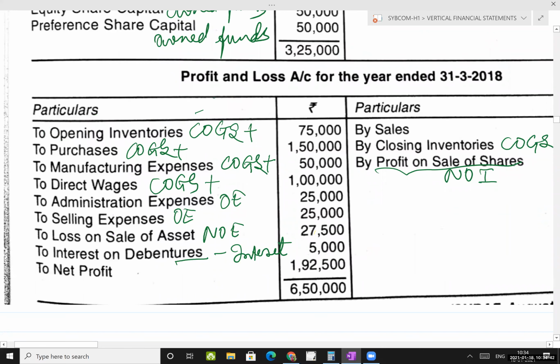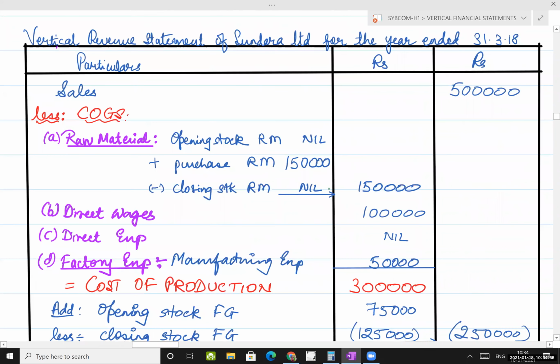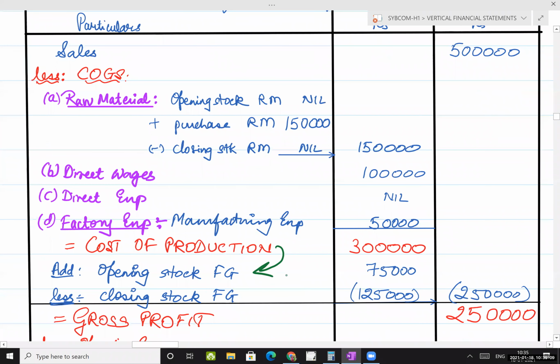If opening stock of raw material had been given, then I would have taken it in the raw material formula, along with closing stock of raw material. But the question has not specified, so obviously that's opening stock of finished goods, which will come after COP here. Add 75 less 1,25,000 like this. Am I clear about this? Did you understand?